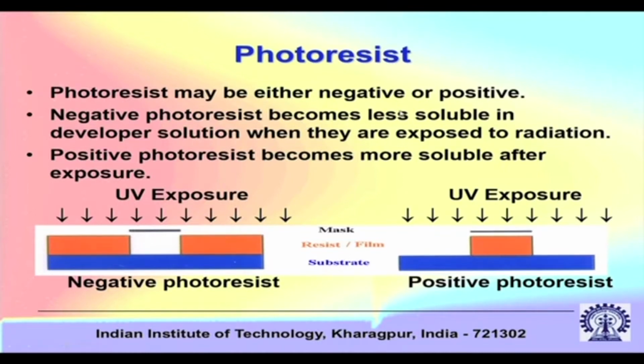On the other hand, positive photoresist becomes more soluble after exposure, so here the photoresist is gone after development. So you can see that, depending on the positive or the negative photoresist, you get either the positive replica or the negative replica, but the pattern is transferred.